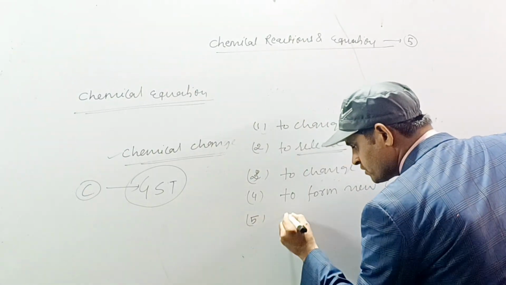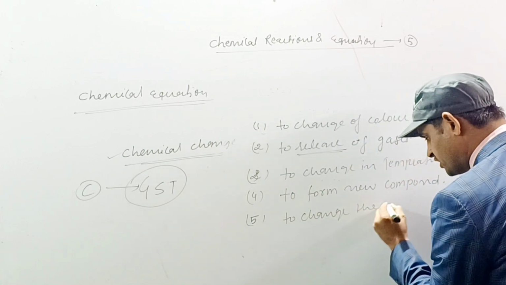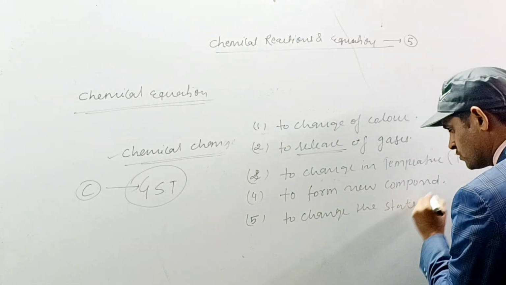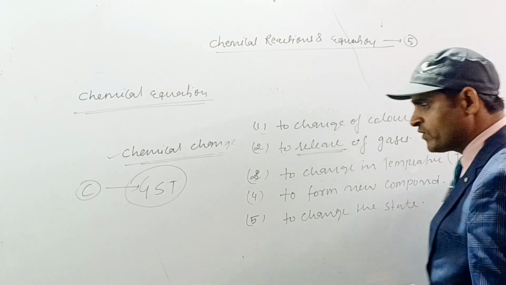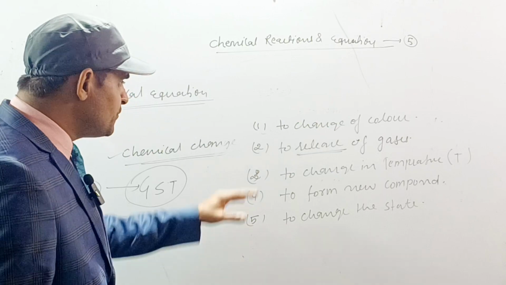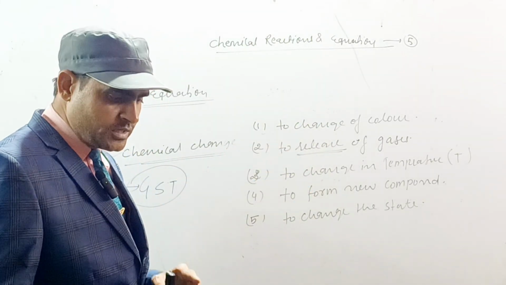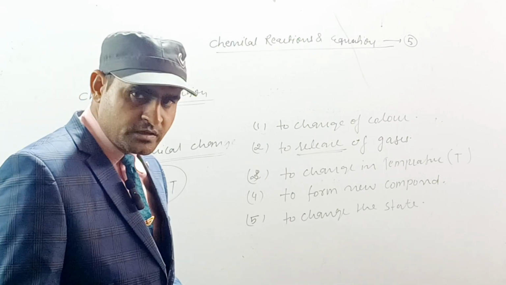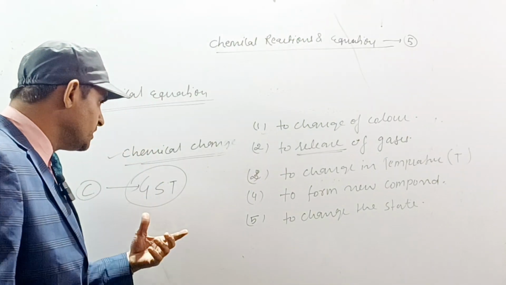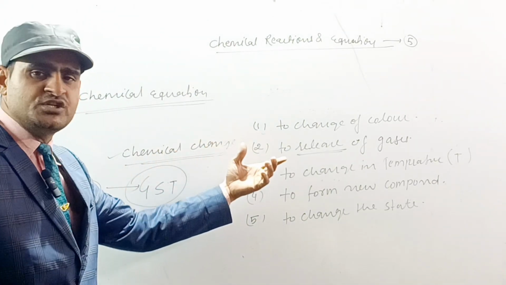And fifth, change in the state of the reactant. If we note these parameters in the reaction, we can say this is a chemical change process.